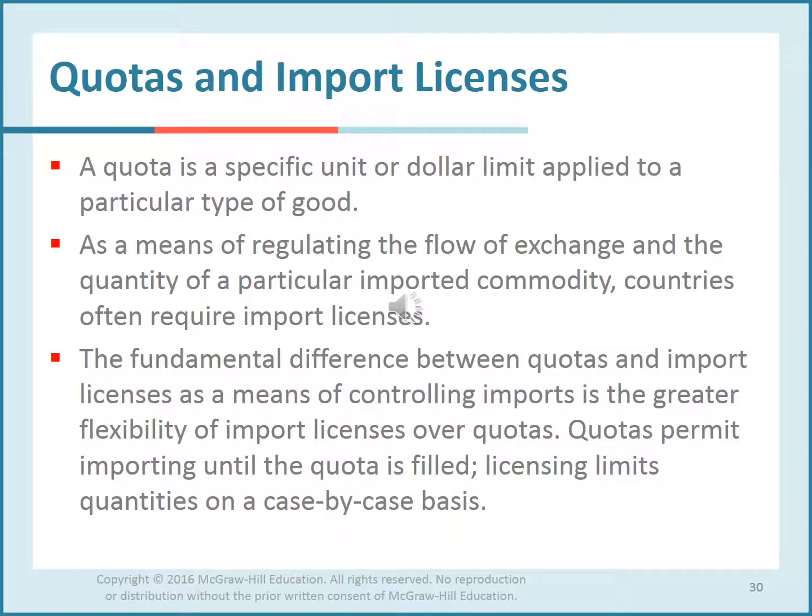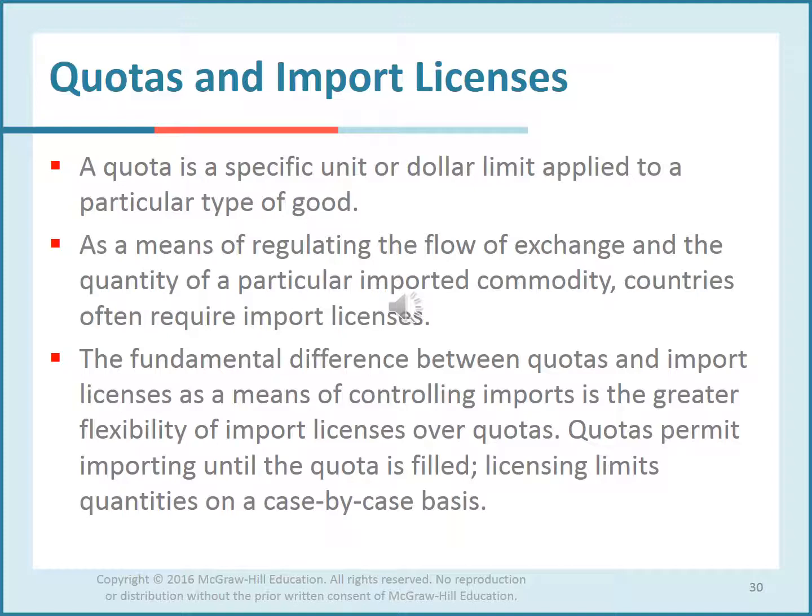Just a brief point I wanted to make here when you think about quotas and import licenses. Quotas put an absolute restriction on the quantity of a specific item that can be imported. A while back, I believe this was in the late 90s, Japan had put a restriction on rice that we had going into their country.